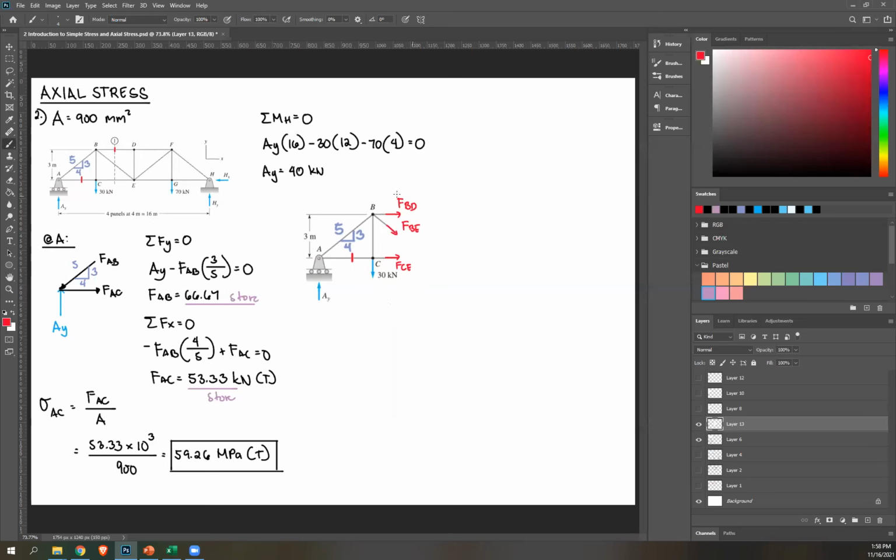Now, let's solve. Again, I need stress in member BD, meaning I need to get this FBD. So can anybody tell me what equation should I use to get force in BD? So that's 3 choices, summation of forces X, forces Y, or moment equals 0. Can anybody tell me what I should use to immediately solve for BD?